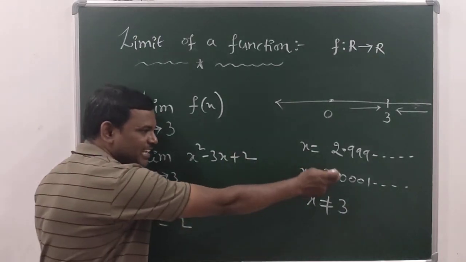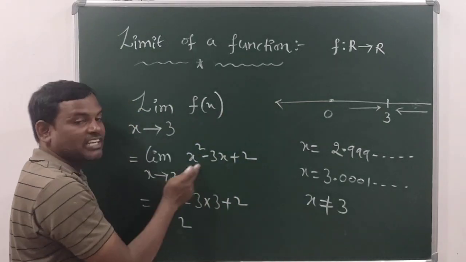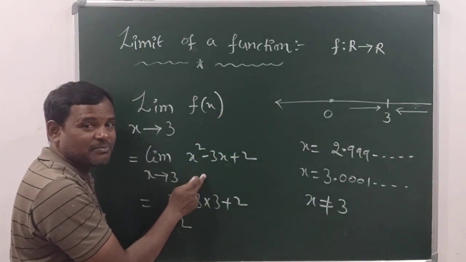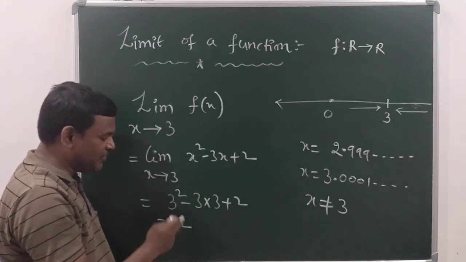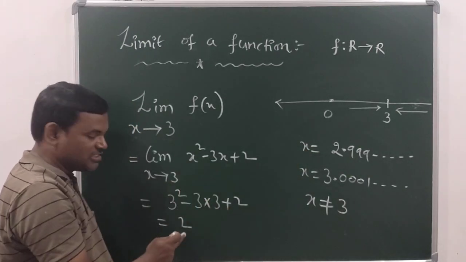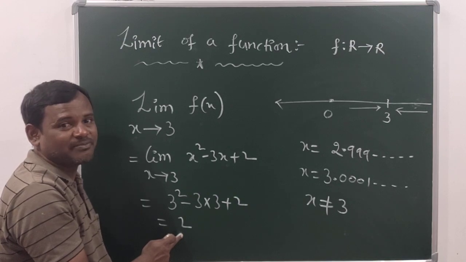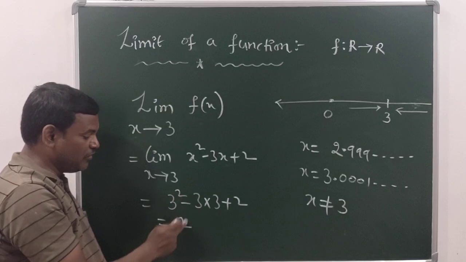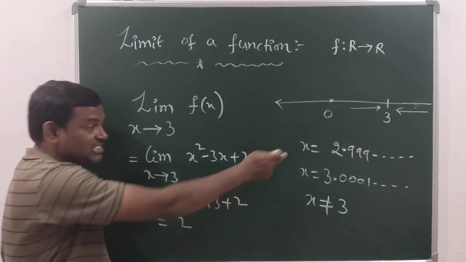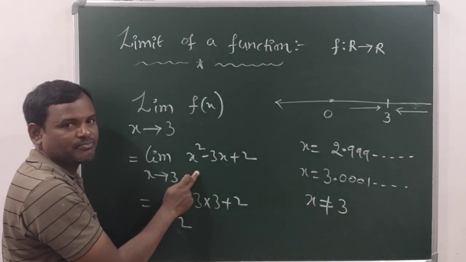If the given function is an increasing function, when you take x equal to 2.999, your result will be 1.999. And if you take x more than 3, you will get more than 2. If it is an increasing function, observe that.